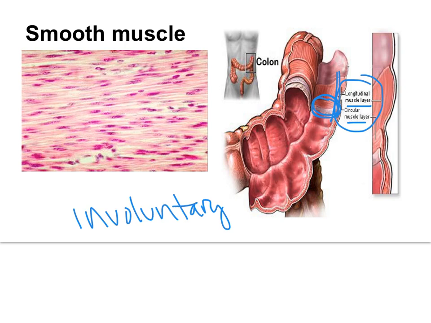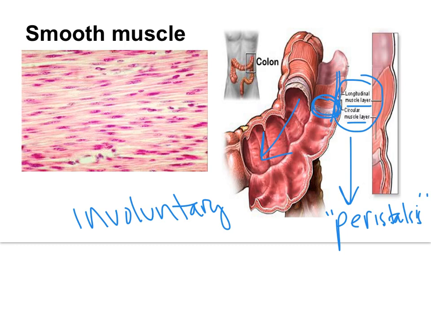And the coordinated movements of the longitudinal muscle layer and the circular muscle layer allows food to move through the colon, or the intestine, and we call this peristalsis. That is the movement of food and materials through the intestine. And that is an example of where you would find smooth muscle.